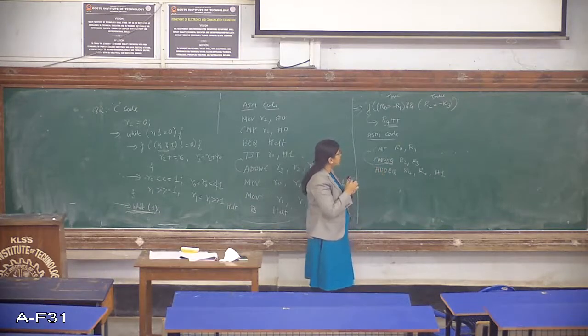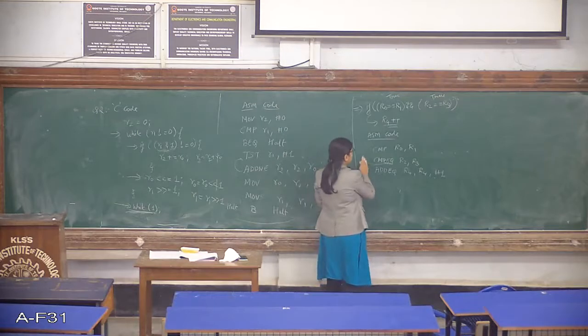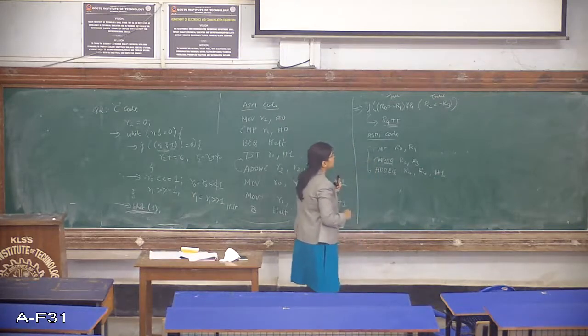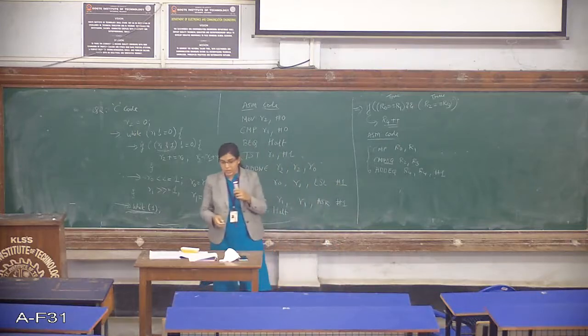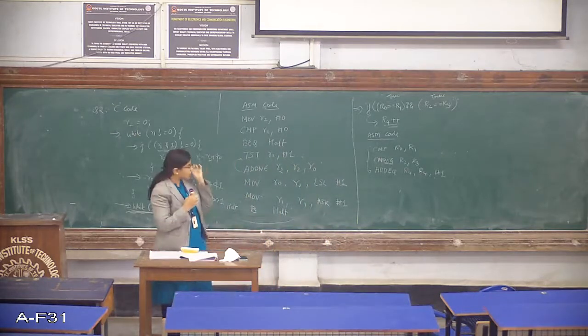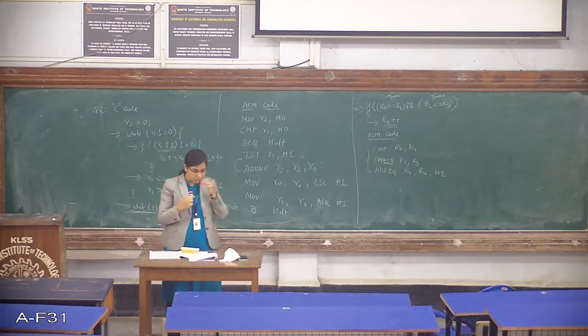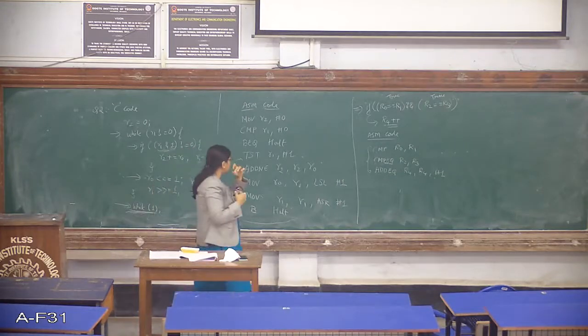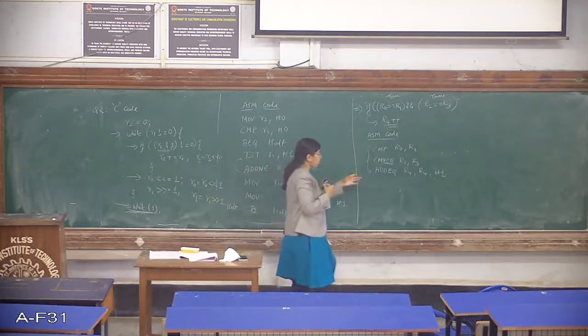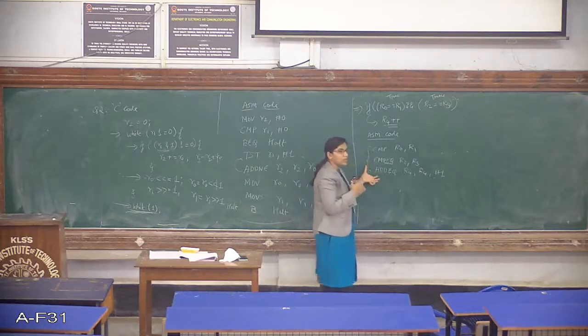So can you see, in 3 lines we have completed the compilation of a C code. Okay, so this is how we write the compilation from C code to assembly code. Using the conditional instructions, it has become very easy, and we have written the code with fewer instructions.